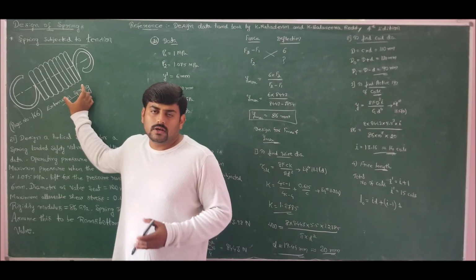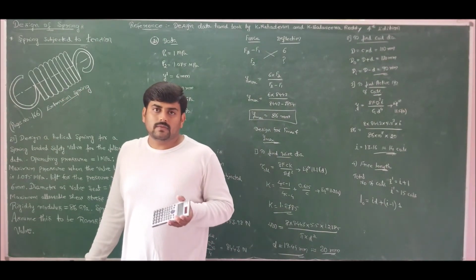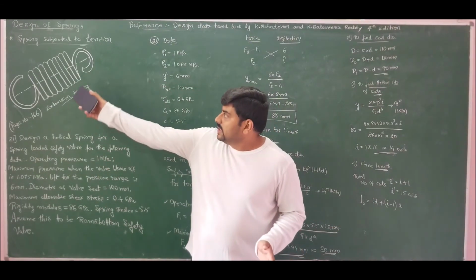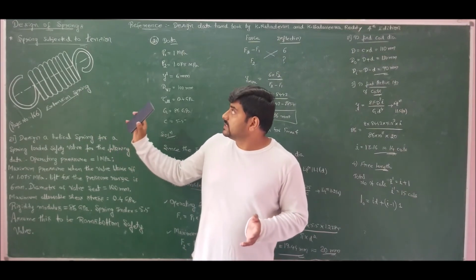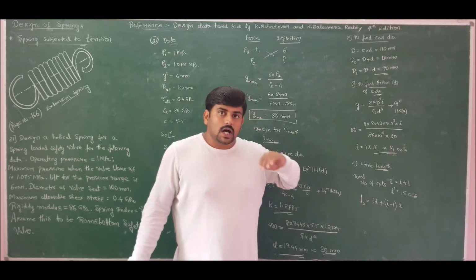So we can't take maximum deflection into account to find the free length. Maximum deflection is ruled out because the spring itself will be in a compressed position in the initial stage itself. That is the spring which is rated for tension.